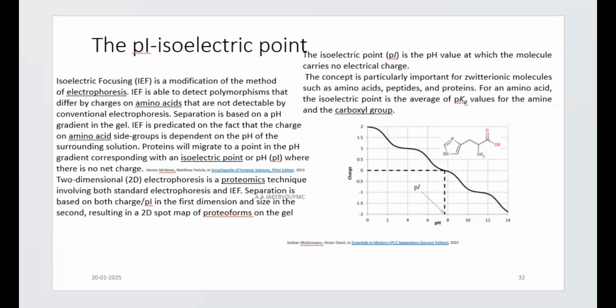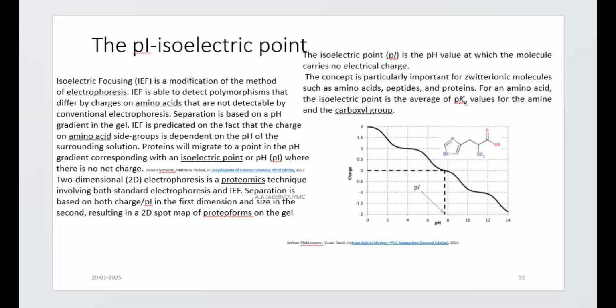So when you are talking about isoelectric focusing, the charge on amino acid side groups is going to depend on the pH of the surrounding solution, we know. So proteins will migrate to a point in the pH gradient according to their isoelectric point. Here the basis is the pH, right?